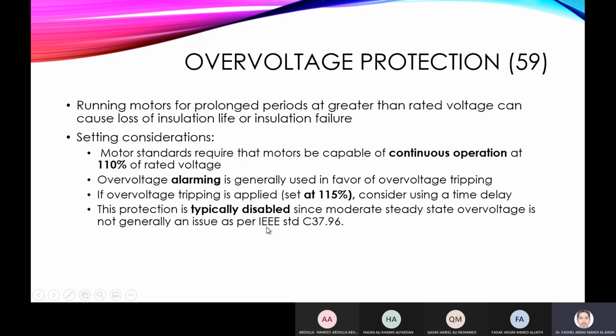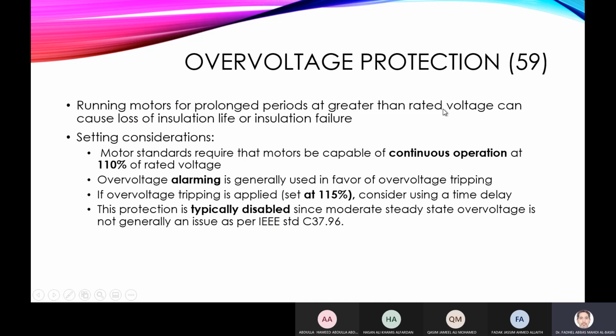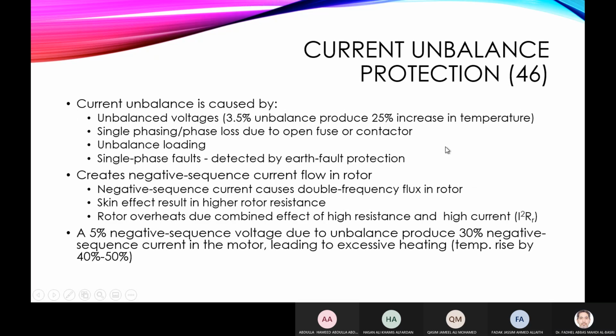As per IEEE standard C37, this type of protection is typically disabled, and they say that's because steady state over voltage is not generally an issue. It does not normally occur a lot or cause an issue for motors in general. So mostly when you look at the protection of a motor, you will not see an over voltage protection there, or it could be just for alarm.